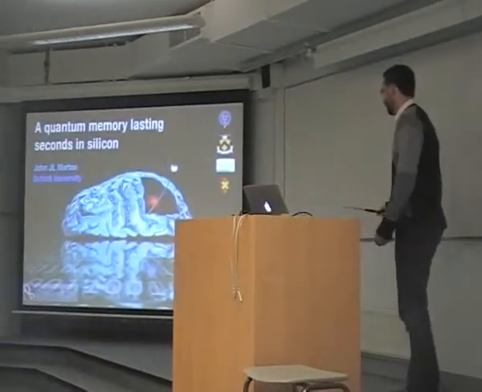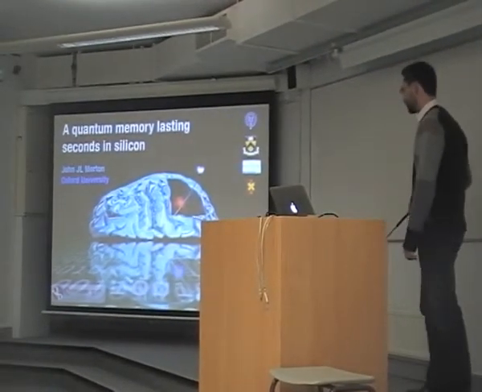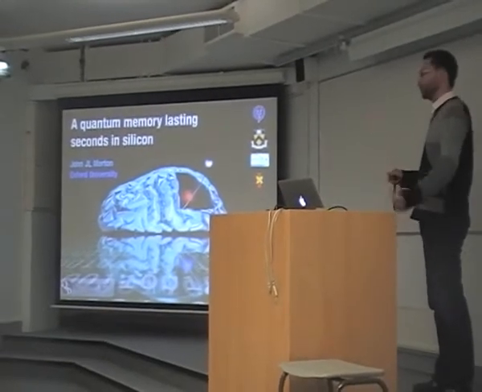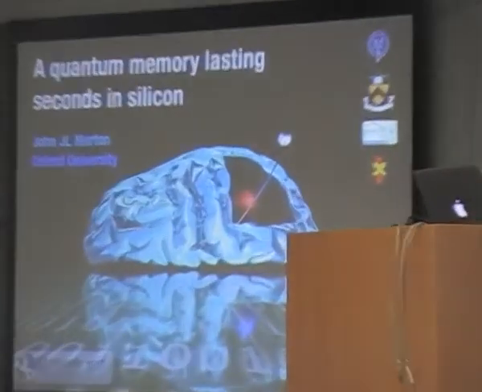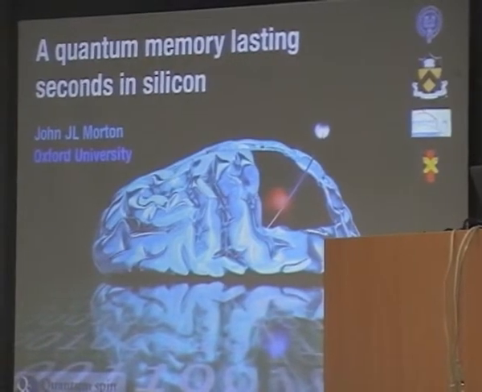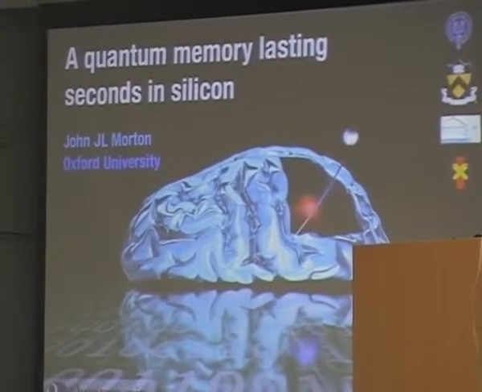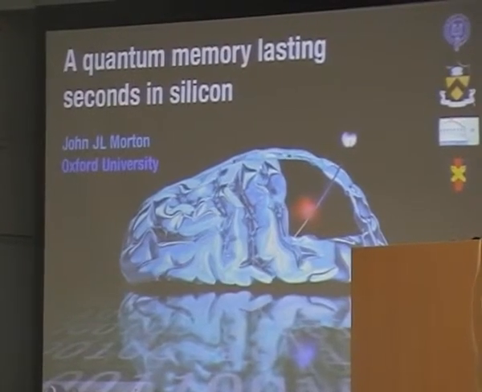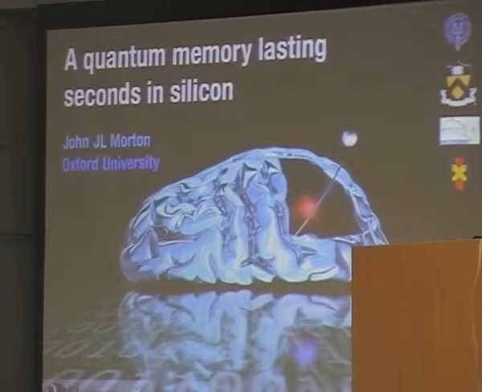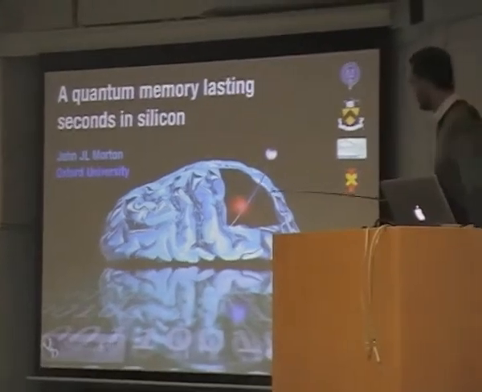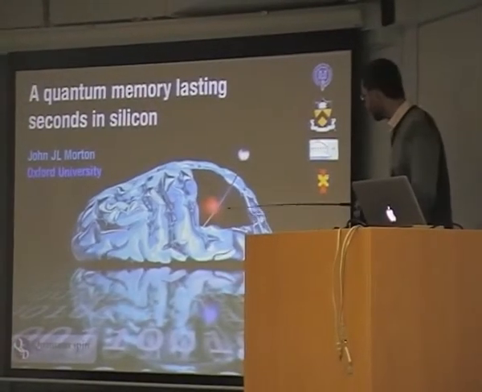This strange picture here is an artist's representation of what this research is all about, apparently. So what we have here is a braid, which represents memory, and it's made of silicon, as anyone who's seen silicon would recognize. And inside we have a single donor atom, which we've been using.